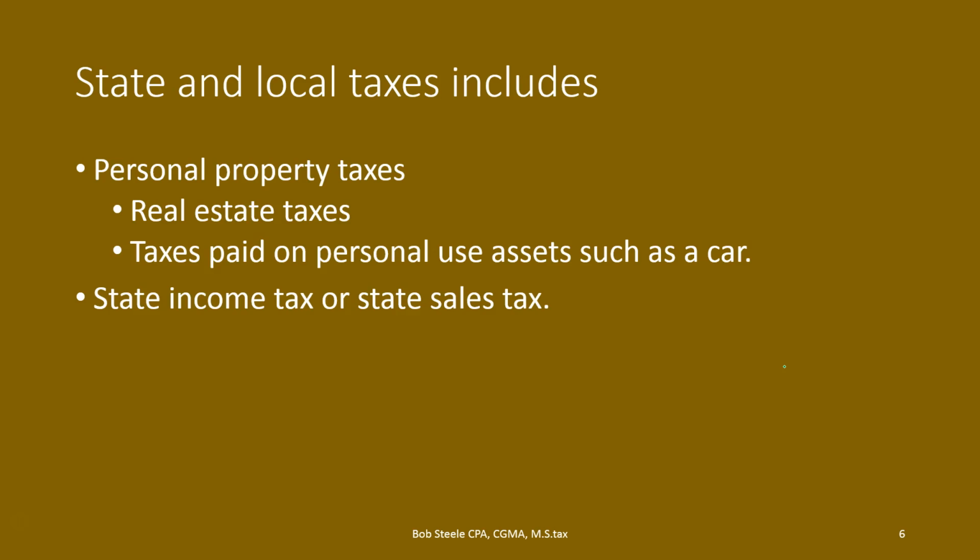So then we have state income tax or state sales tax. So this is really where it got confusing, because if we're allowed to deduct the state taxes, now we're talking about the entire state having to pay for certain items for the state to run, theoretically. And those taxes are obviously collected from the citizens of the state. So those taxes are basically deducted on the federal income tax.